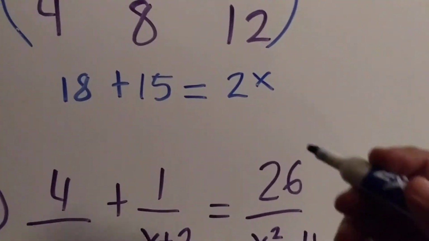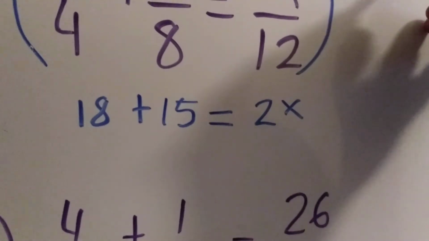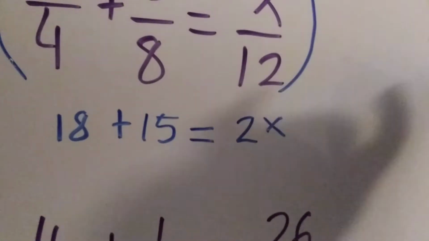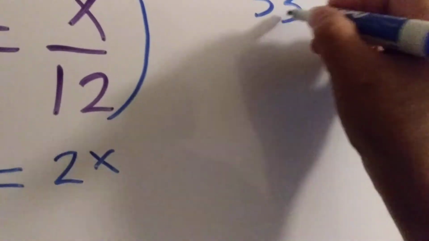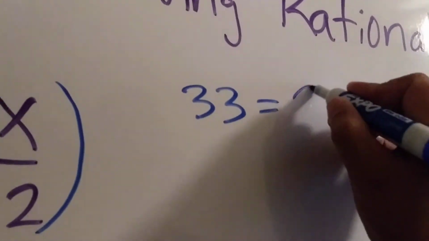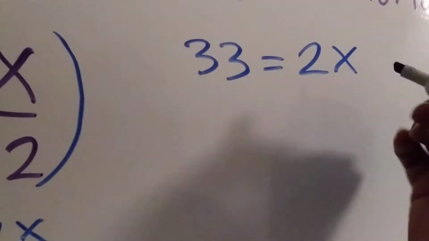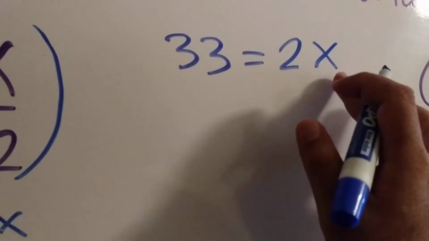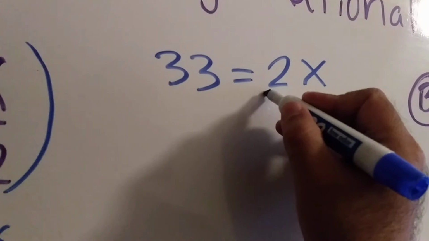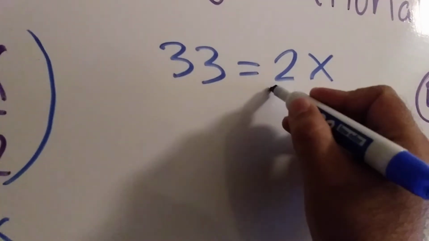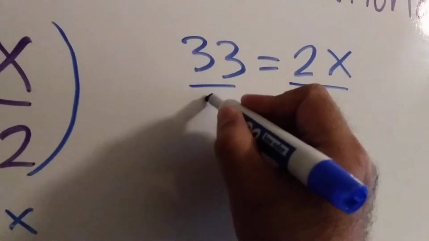Okay, I'm going to bring it up to this upper part here so we have more space. So we'll add 15 plus 18. It gives us 33 equals 2x. And in isolating or finding the value of x, we're going to do the inverse operation, which here is dividing. So we'll divide by 2 and we'll divide by 2.